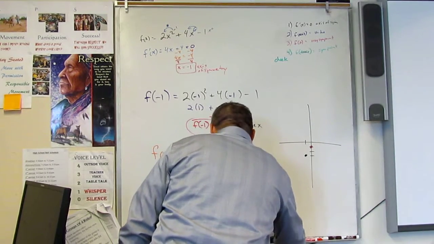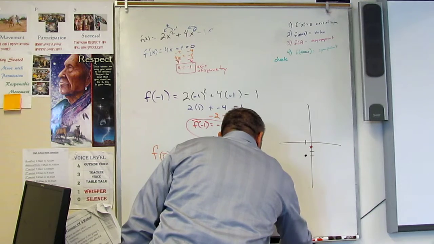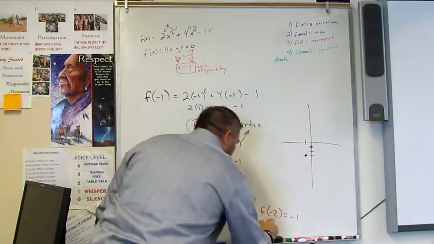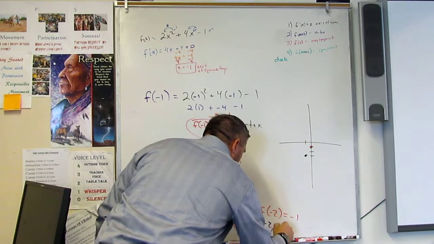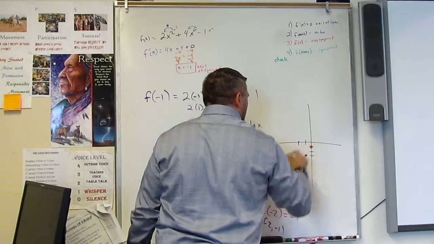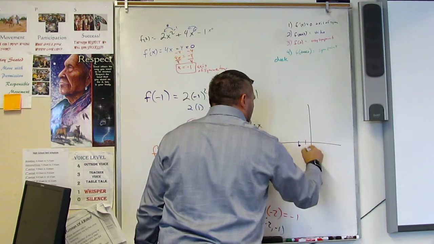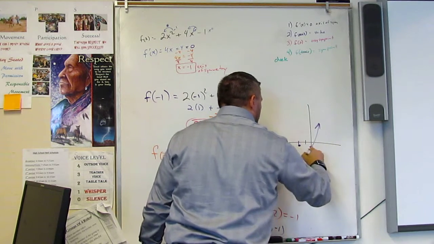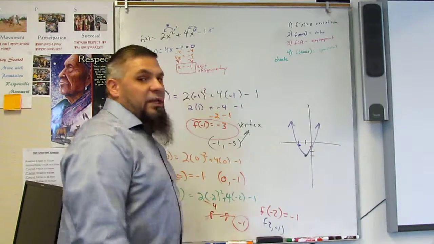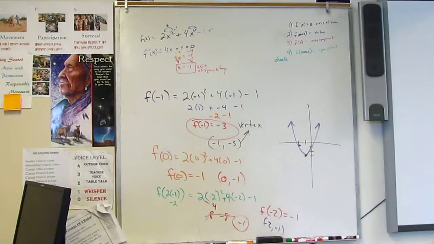So f of negative 2 is equal to negative 1. Again, we have a point, negative 2 and negative 1, and we graph that point. And that is our function. Really easily graphed. Quickly graphed. This will go on YouTube tonight.